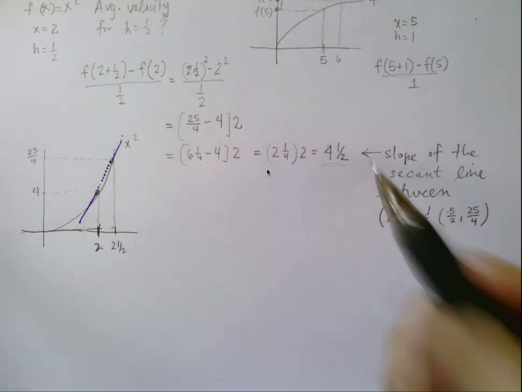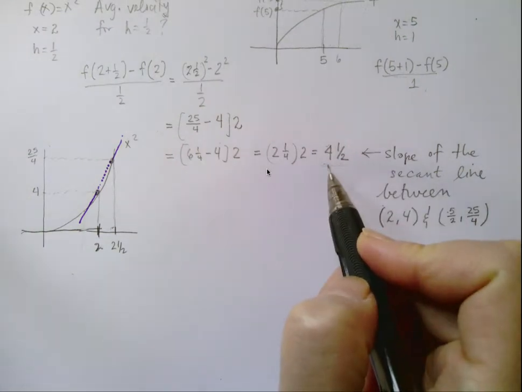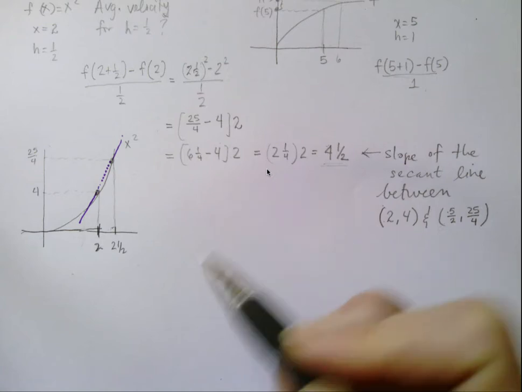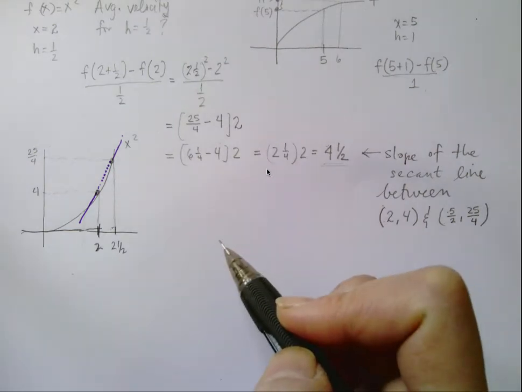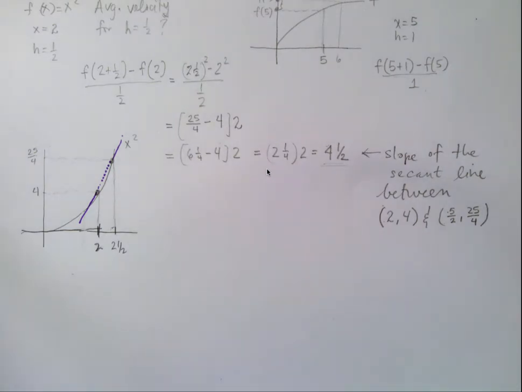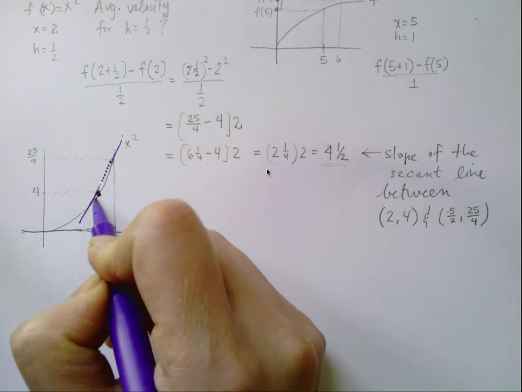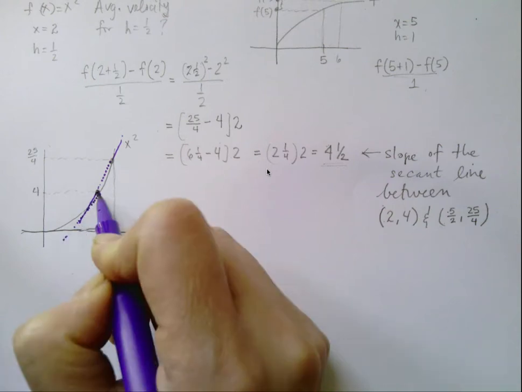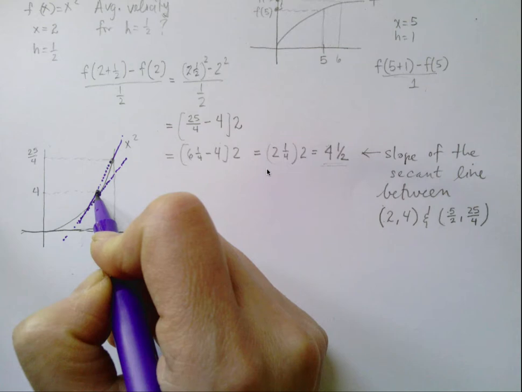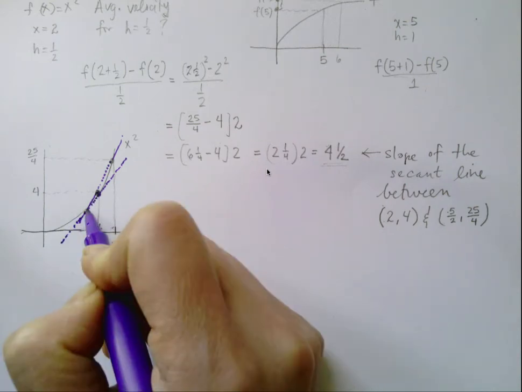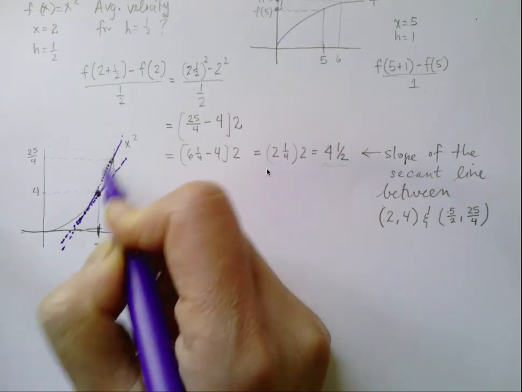Now remember, the slope of the secant line is an approximation to the slope of the tangent line. What we really want is the slope of this line at 2. And you can eyeball it and see that it's slightly lower. The slope of this line is smaller than the slope of this secant line.